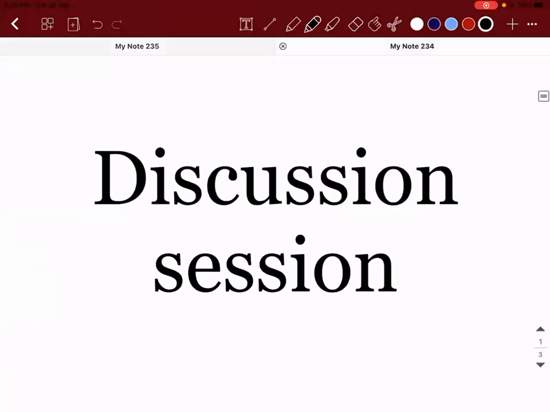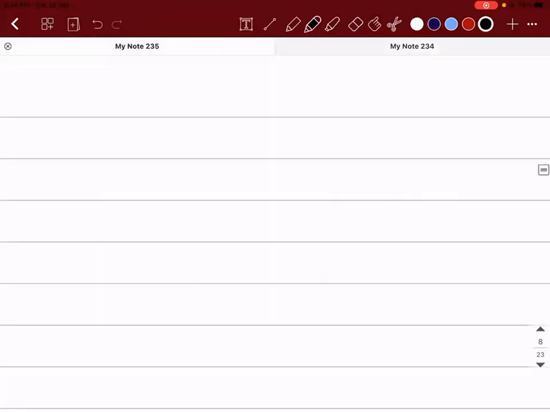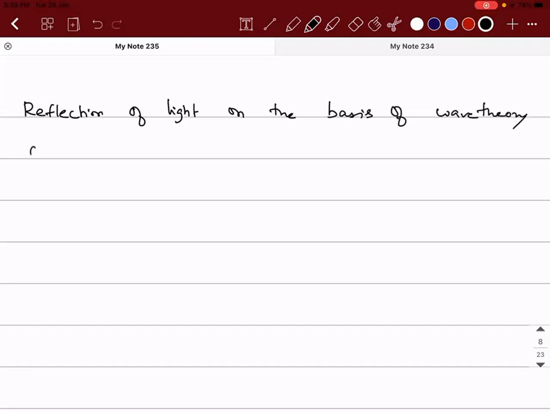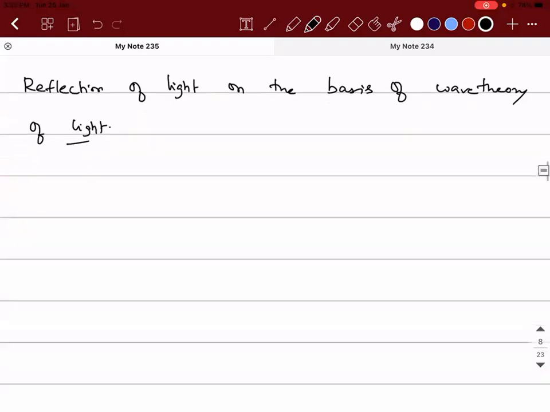The next important concept that we are going to see is reflection of light on the basis of the wave theory of light. So please concentrate.